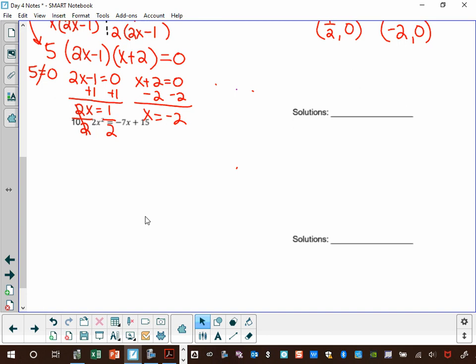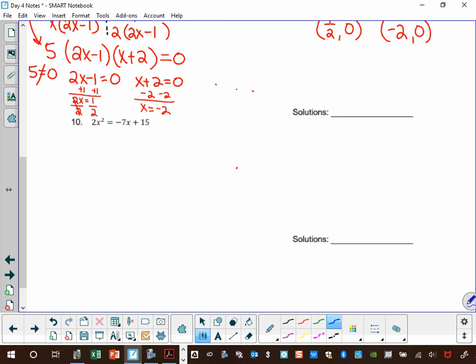So for number 10, if I move everything to the left side, we still have 2x squared, and negative 7x becomes what?